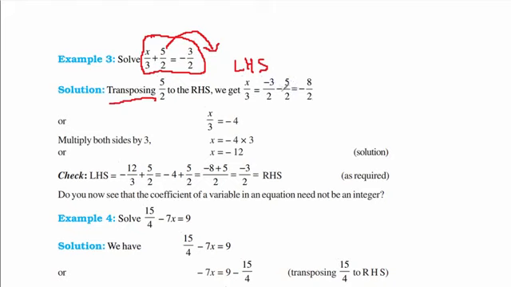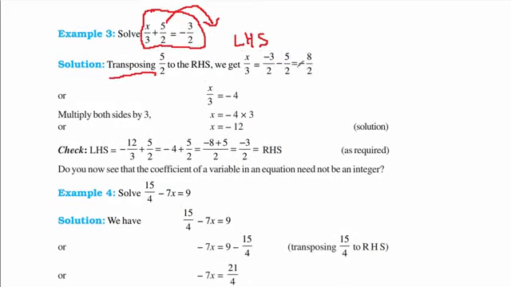Minus 3 minus 5. Same sign, add up and the sign comes of negative. 5 plus 3 is 8. We are not finished yet. So we are left with x equal to 3 on the left hand side and on the right hand side minus 8 over 2. Also if you simplify it, 2 1s are 2, 2 4s are 8. So basically we are left with minus 4 on the right hand side, and the same thing has been written on the left hand side as it is, x over 3 equals minus 4 here.